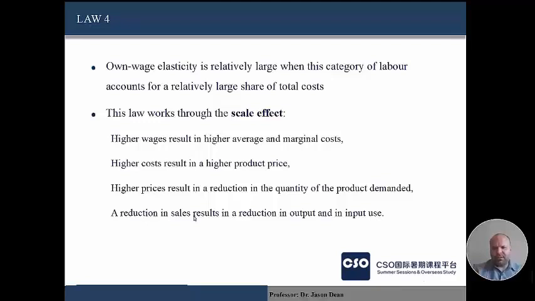Here we're just pointing out the fact that if wages are a large portion of a firm's overall costs, then an increase in the wage is going to have a large impact. In other words, it's going to increase their costs a lot, so their marginal cost curves are shifting a lot, and so the scale effect would result in them producing a lot less.